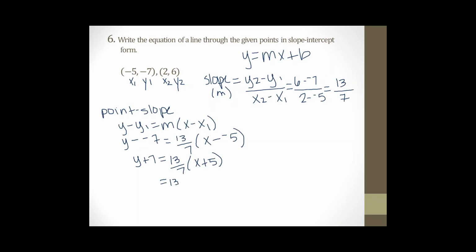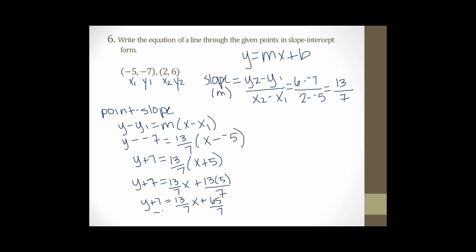That's going to be 13 over 7 x plus 13 times 5 over 7. On the left we still have y plus 7. So that's y plus 7 equals 13 over 7 x plus 65 over 7.